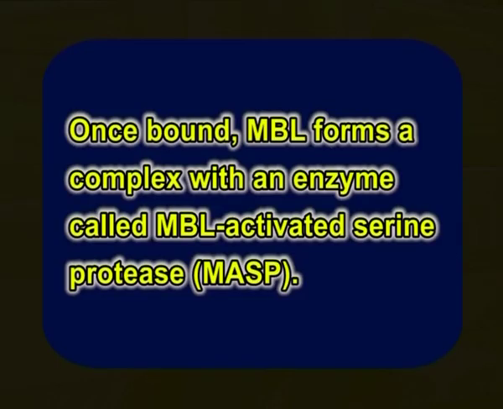Once bound, MBL forms a complex with an enzyme called MBL activated serine protease, in short called MASP. In this form, this enzyme activates C3 convertase by cleaving C2 and C4 complement components that participate in forming MAC.